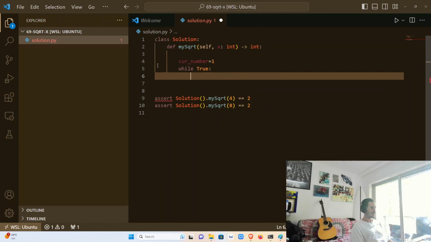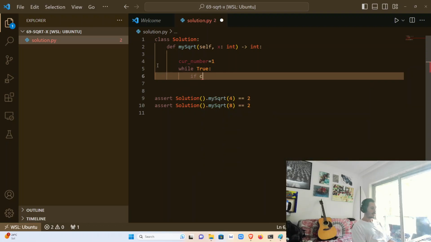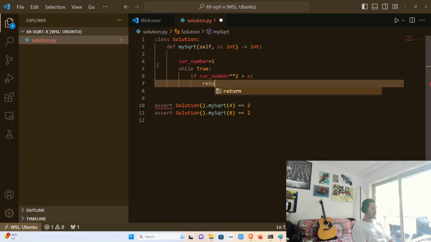And then we can just go like, if current number to the power of 2 is bigger than x, return current number minus 1.